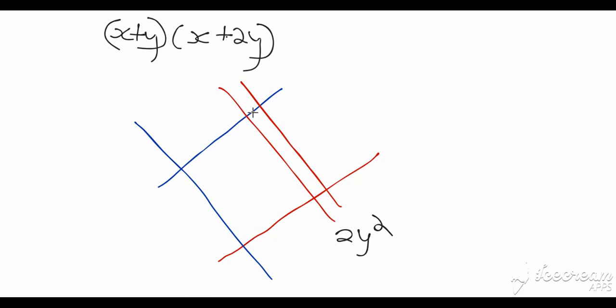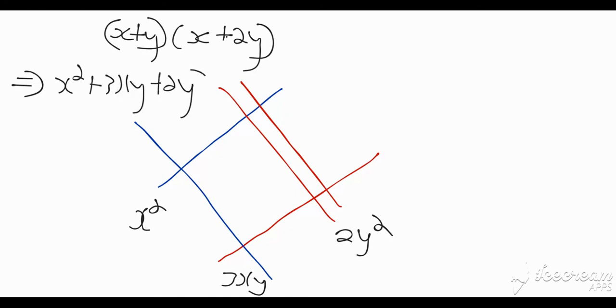In the middle, we have red and blue intersecting, so it's a combination of x and y. So we have 1, 2, 3. So what we're going to have is 3xy here. To the far left here, we have one intersection, but the two lines are blue. So that is going to give me an x squared. So when I expand this bracket, it's going to be equivalent to x squared plus 3xy plus 2y squared.